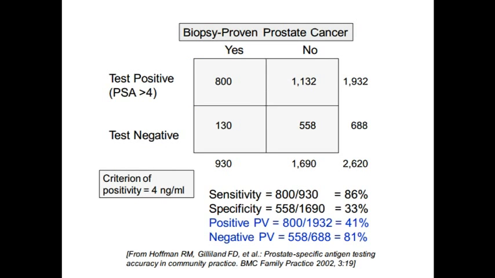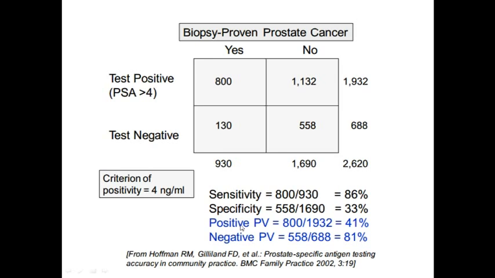Next, if we have to apply these calculations now for the example which we have seen before about the test result for PSA and biopsy proven prostate cancer, we have seen that the sensitivity and specificity results were 86 and 33% respectively.